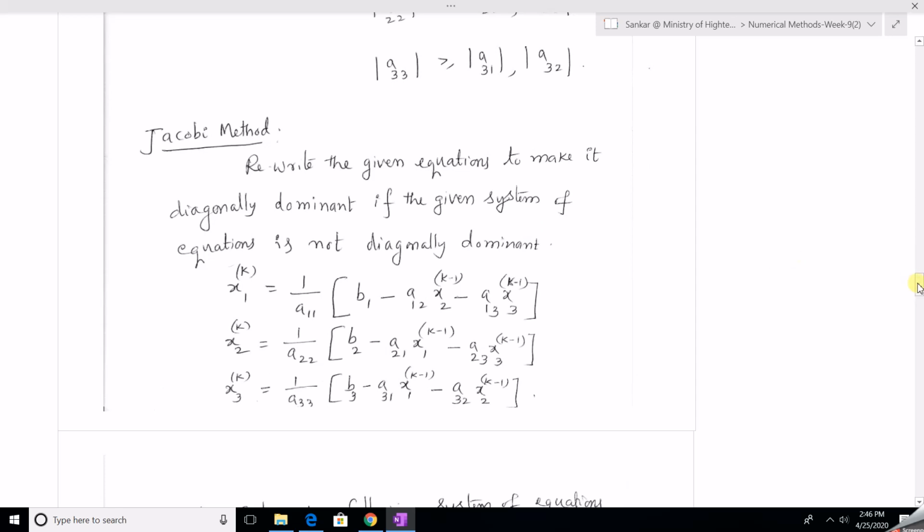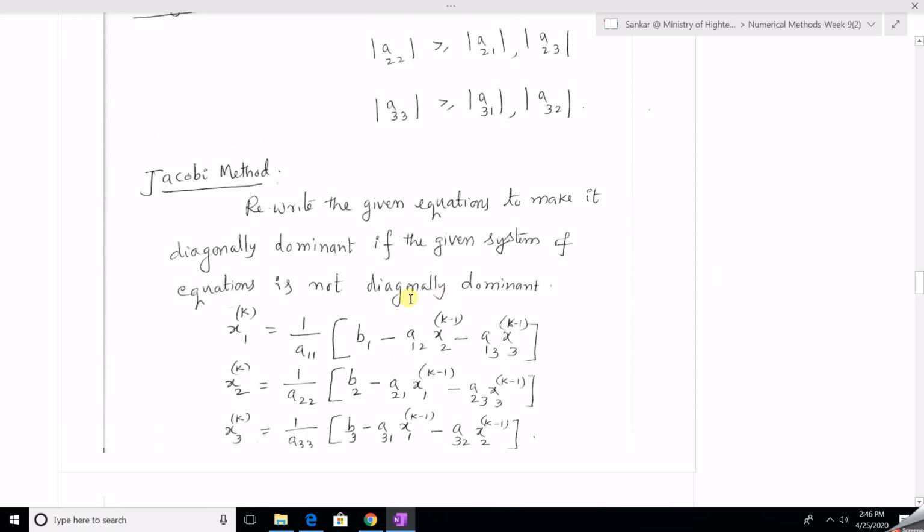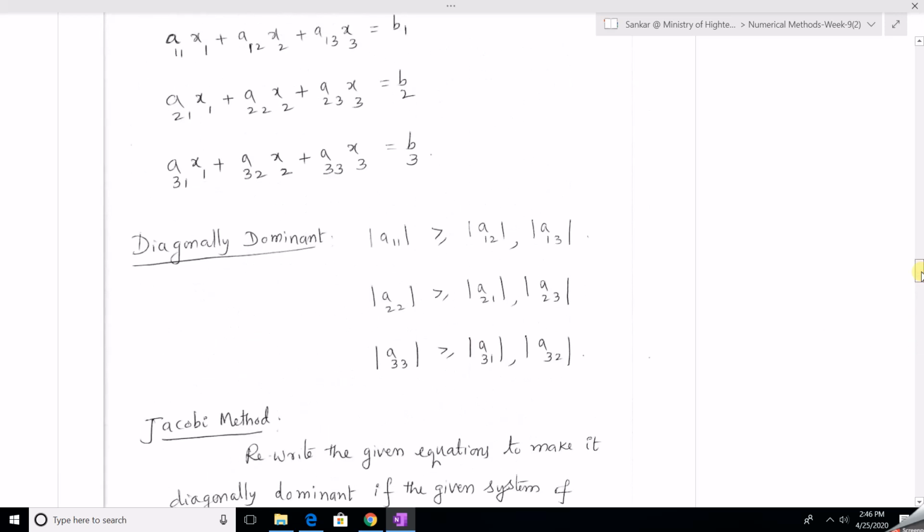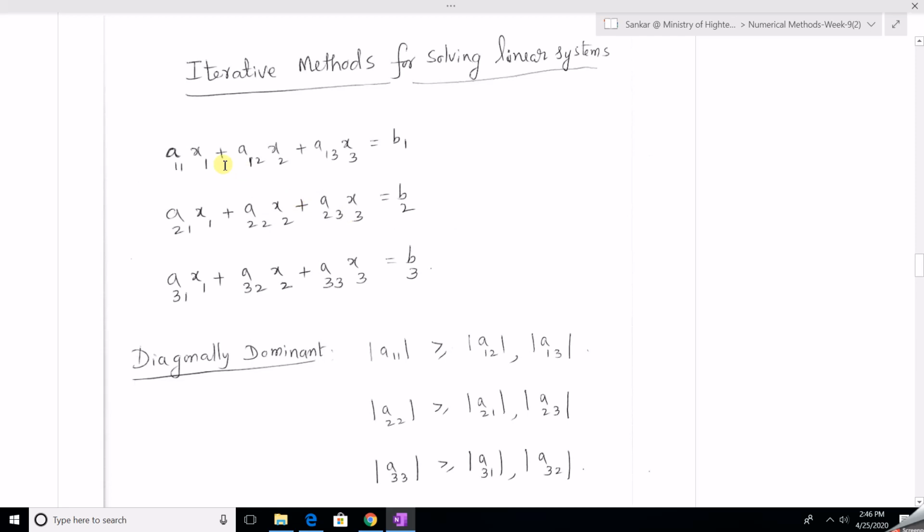Now after making the system diagonally dominant, what we have to do is from the first equation solve for the variable x1. If we look at the first equation, x1 can be obtained by taking the x2, x3 terms to the other side, the right hand side of the equation.